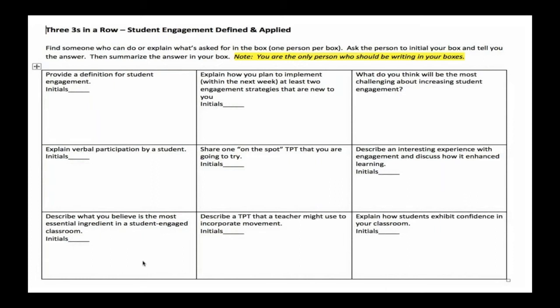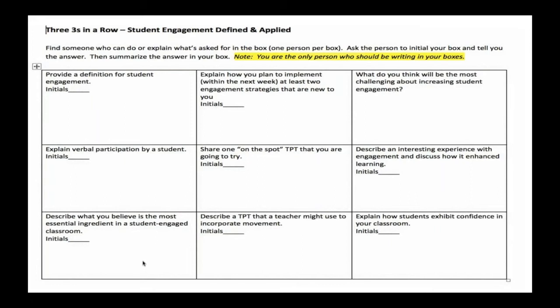Again, once they have their sheet, students are going to stand up, find a variety of partners, let the partners select one of these that they might respond to. Note, I have it highlighted on the slide. The person who owns the paper is the only one writing in the boxes. That's on purpose.